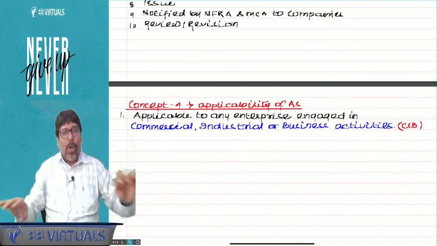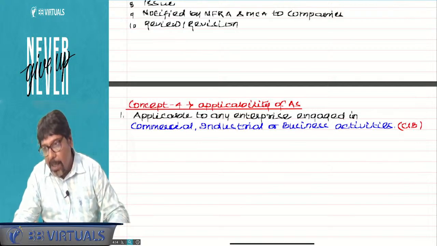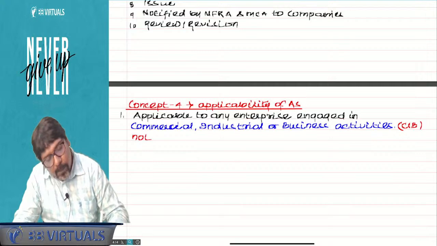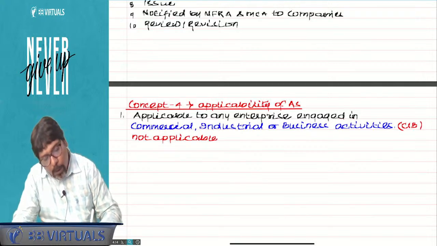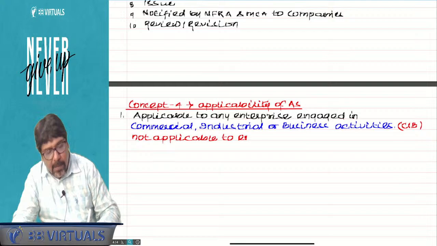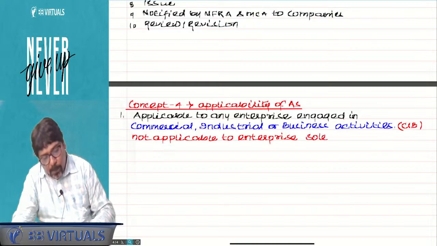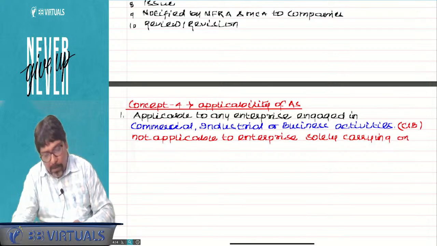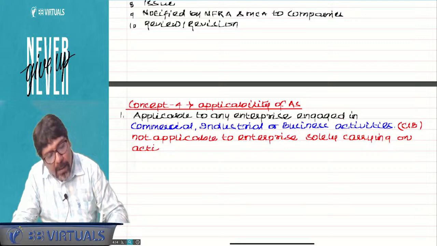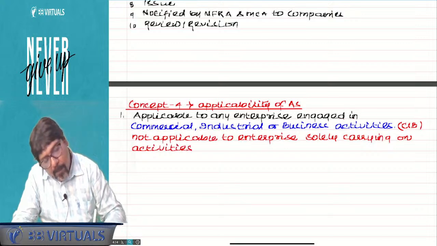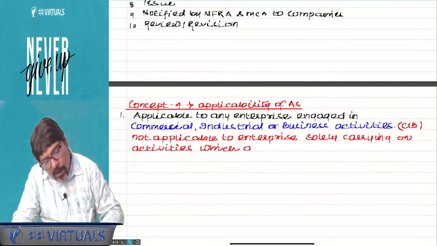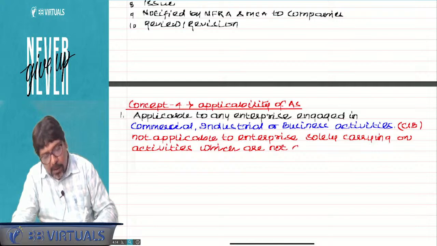To them, is it applicable? No. Therefore, not applicable to an enterprise solely carrying on activities which are not CIB.